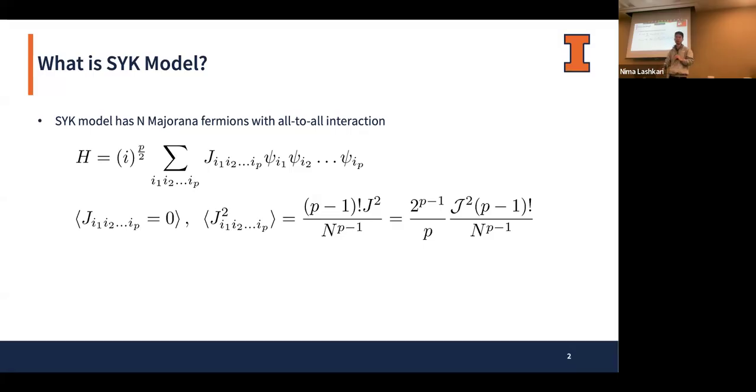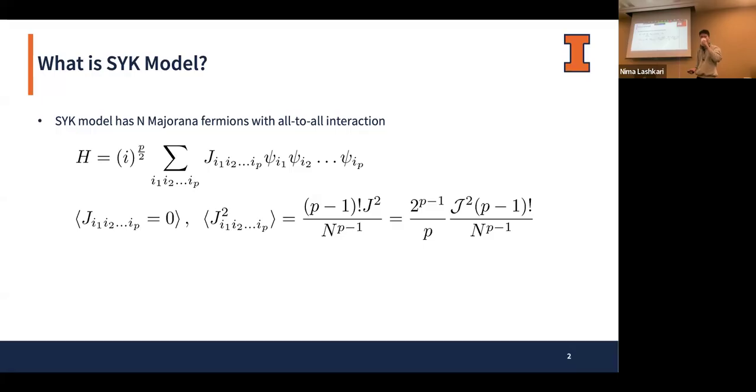So far, so good? Yeah, I do have a question. If you look at n choose p, over there you normalize by n choose p, and here you're normalizing by (p minus 1) factorial over n to the power of p minus 1. So for general p and n, where I'm not taking any scaling limits, what is the nice limit? What do you mean by which one is a nice limit?